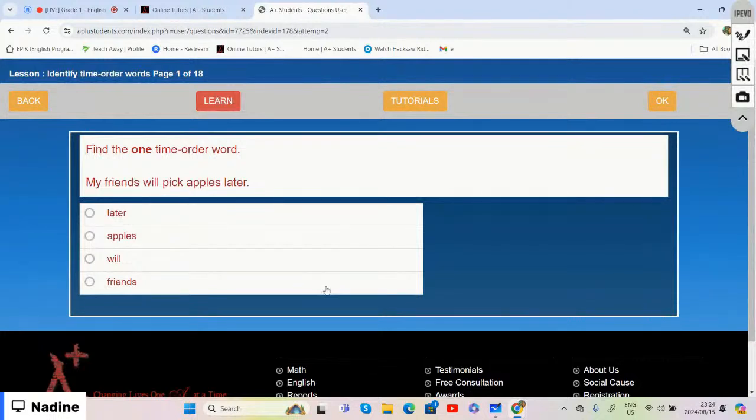Is it later, apples, will, or friends? If we look at the first one, my friends will pick up apples later.